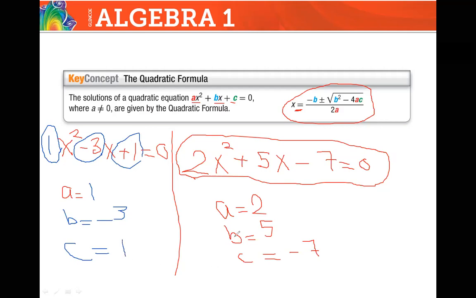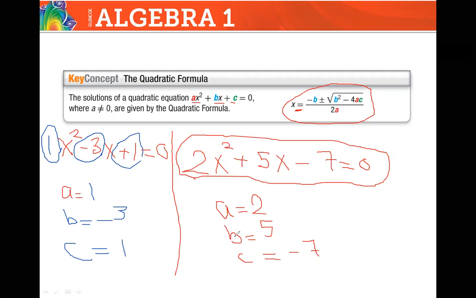So if we have any quadratic equation, it means a second degree equation, I must put it in the general form, ax squared plus bx plus c equals 0. The equation must be equal to 0. Pay attention to this remark.